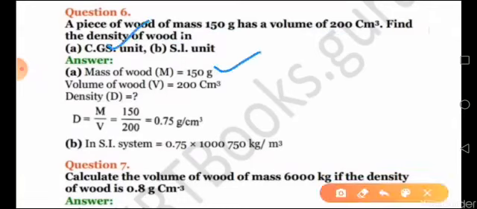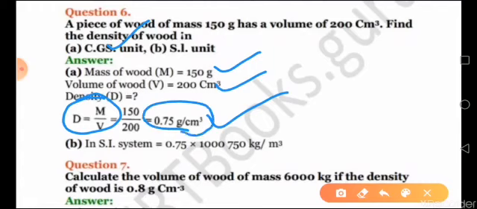You will get the answer in gram per centimeter cube, which is none other than your CGS unit. To convert it to kilogram meter raised to minus 3, simply you multiply with 1000, you will get the answer.